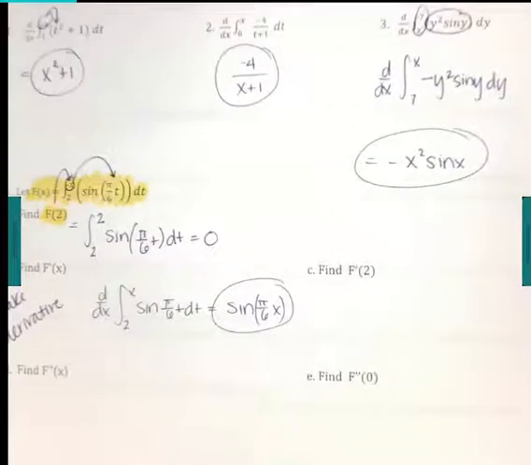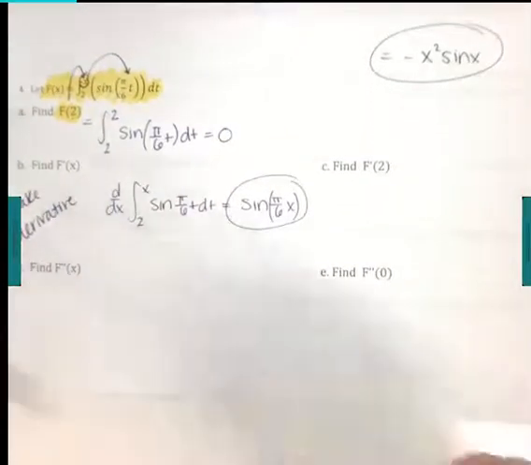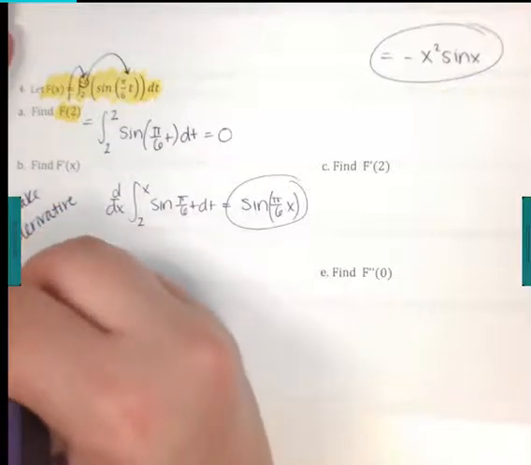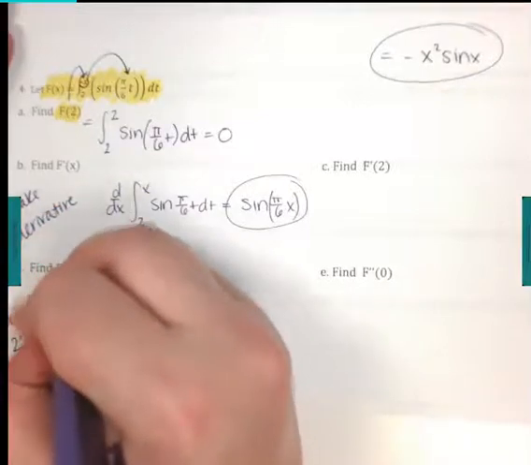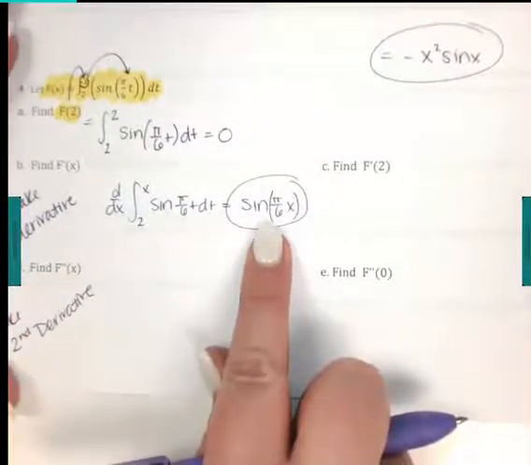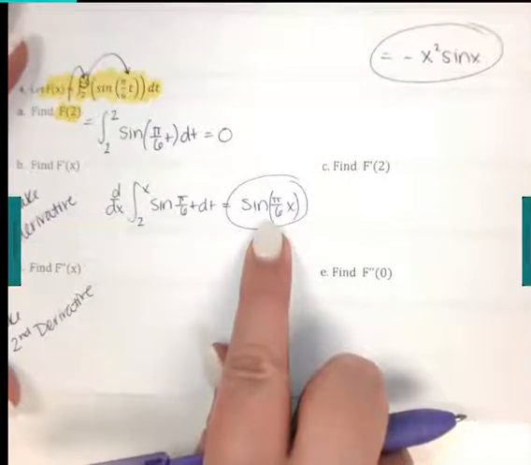Okay, so I don't use the rule you just learned until you're taking the derivative of the integral. So when I'm going from F to F prime, that's when I use my rule. Okay, then go down one more. Now I want F double prime. That's going to be taking the second derivative. So if this is the derivative, what will the second derivative be?